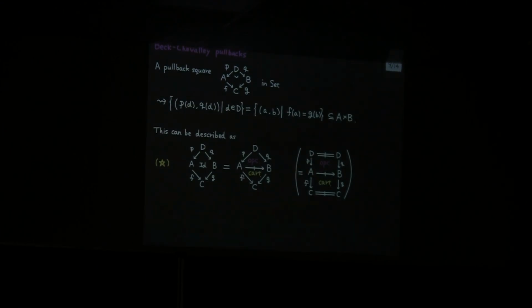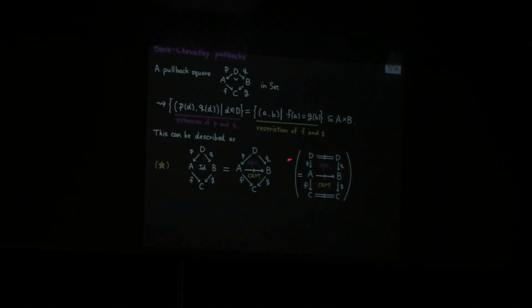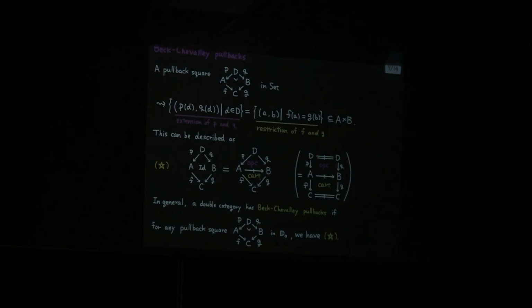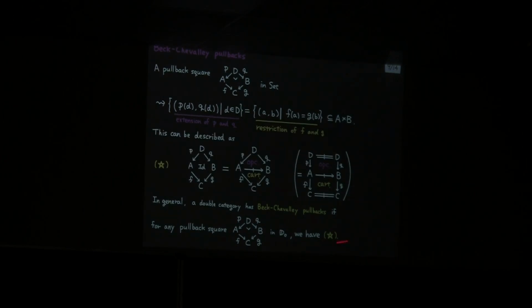And this is because the left-hand side is given as the extension of P and Q, while the right-hand side is given by the restriction of F and G. So this is equivalent to saying this equality. And from this observation, we define Beck-Chevalley pullbacks in an arbitrary double category. I mean, a double category has Beck-Chevalley pullbacks if, for a given pullback square in the vertical category of this double category, this equation holds. Okay.